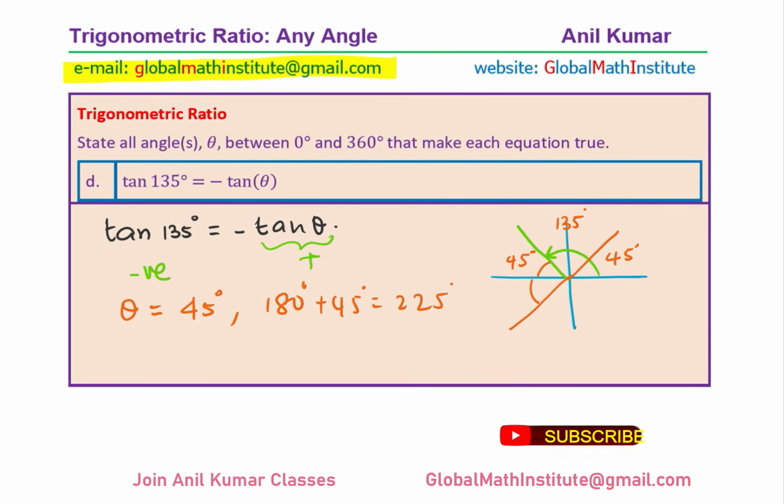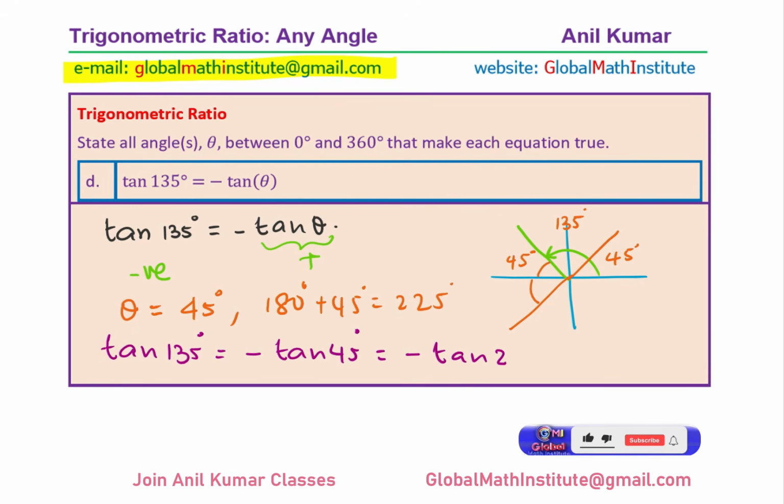So I hope you understand the concept. You can always verify that tan of 135 degrees will be equal to minus tan of 45 degrees, and that will also be equal to minus tan of 225 degrees, correct? So I hope with this you have understood how we find angles which will give us the same result.